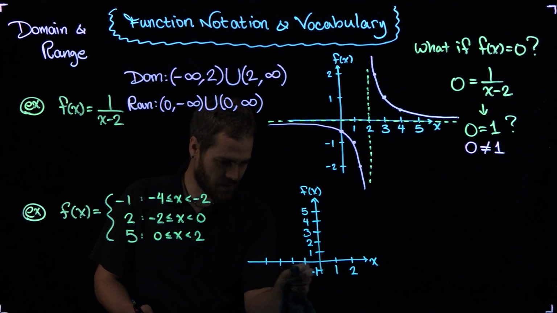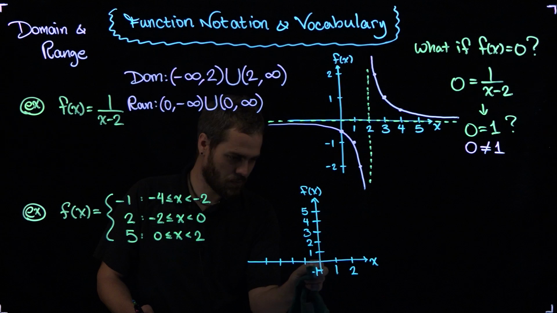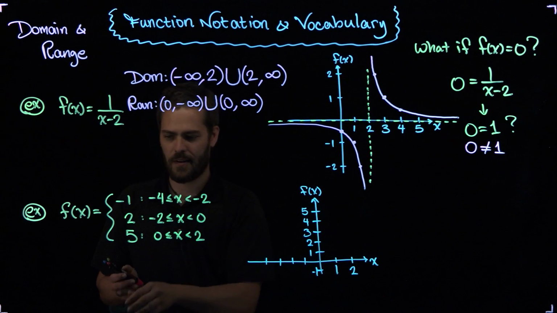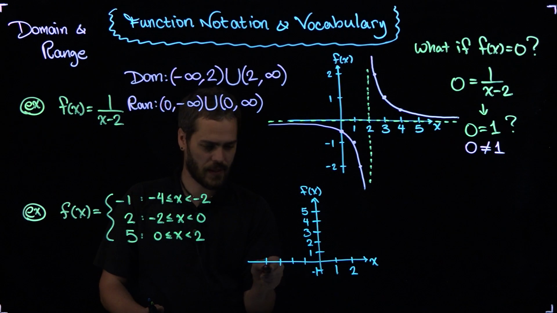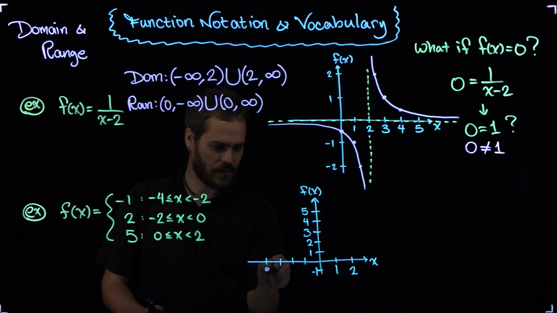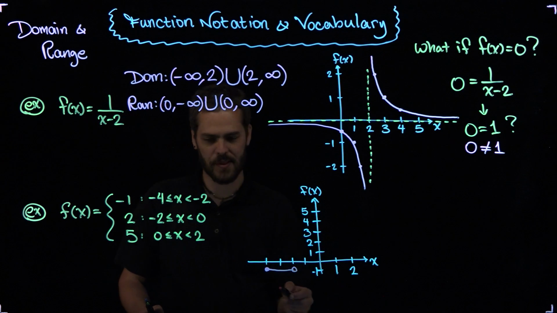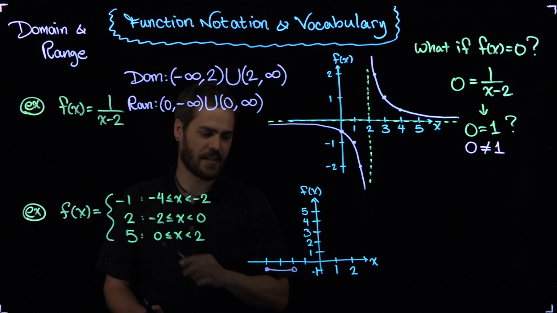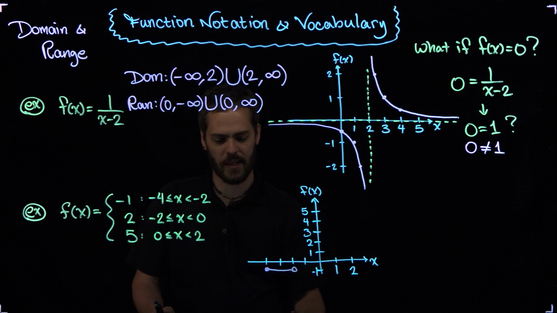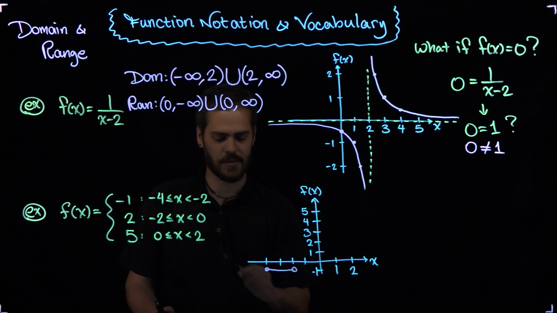We all understand that they're going in steps of 1. Okay, so -1 from -4, including -4. So I'm going to put a solid dot here and go all the way to -2. And then I'm going to put an open circle. The open circle means I can't quite get to -2. Everything up to that, but can't quite get to it. There's f of x equals -1.